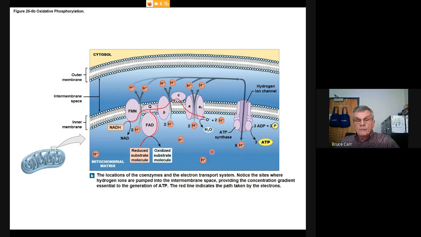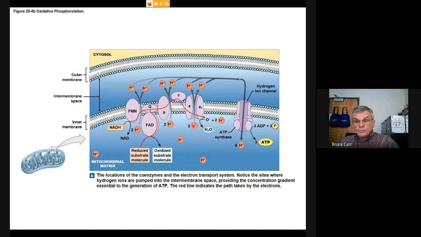We have delivered electrons from these carriers. And if you look at a total glucose, you're going to deliver enough NADH and FADH2 to pump double the number of hydrogens. So 64 hydrogen will be pumped to produce 32 ATP per glucose.